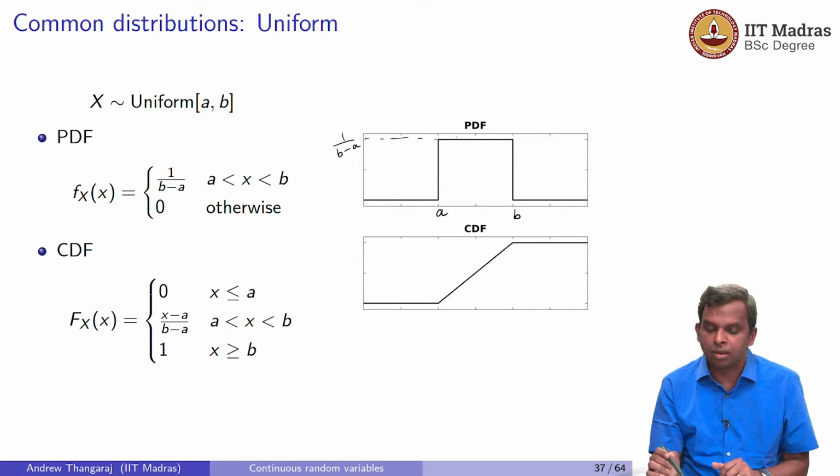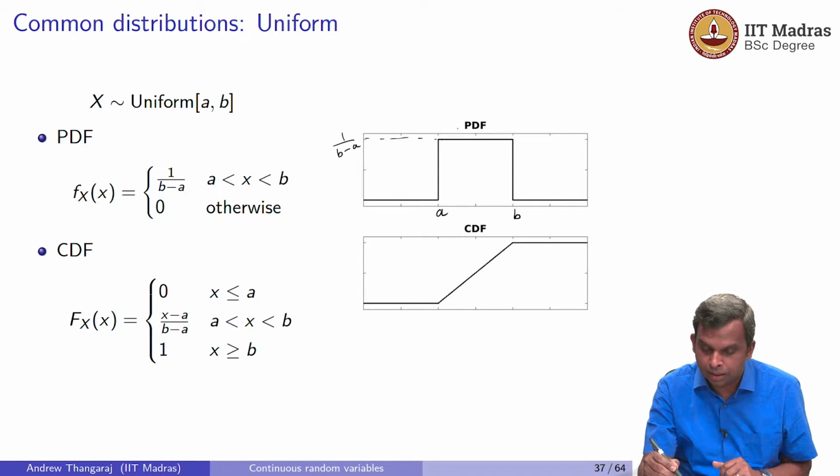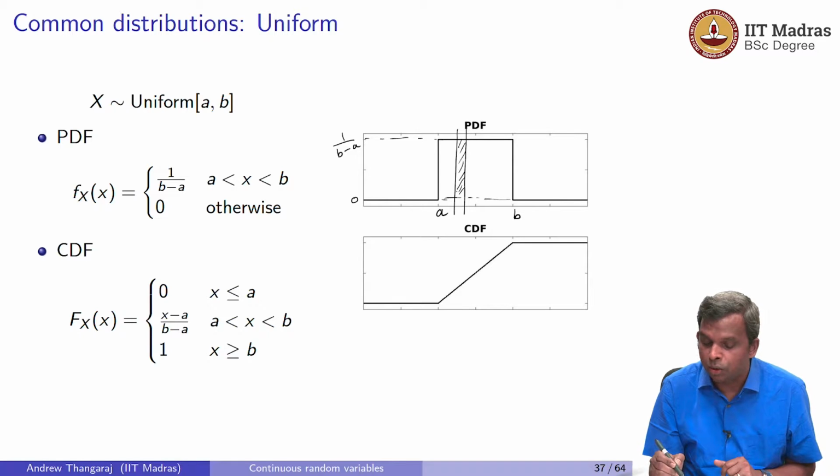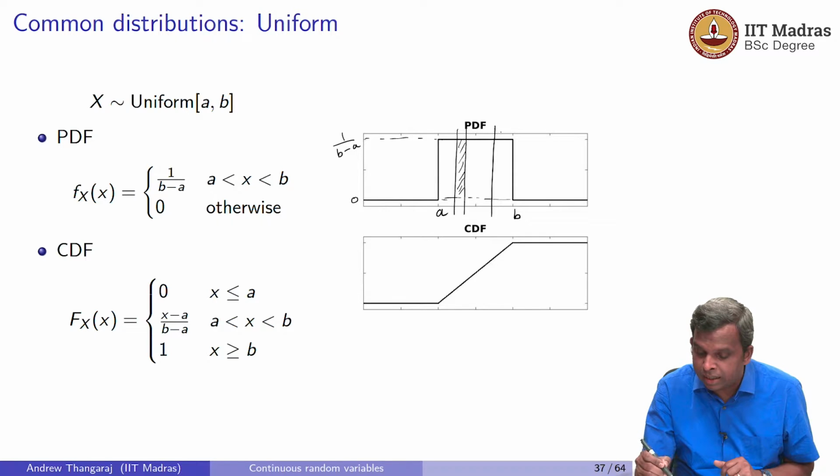So if you look at this interval, for instance, remember this is 0. This area is the probability of the random variable falling in the interval. As long as the width of the interval is the same, wherever you situate it, you will get the same area, isn't it?